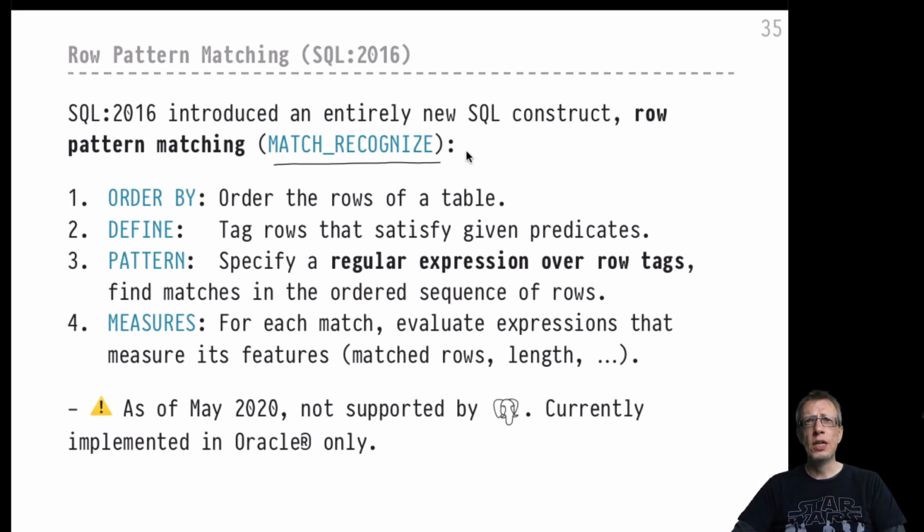As you can see, Match Recognize is a rather complex construct that has been added to SQL, and indeed it's not supported in PostgreSQL right now. That said, I think I saw some developer discussion in the PostgreSQL community that indicates that there is some interest in bringing Match Recognize to PostgreSQL, but not yet. It's only implemented in Oracle as far as I can tell for now.